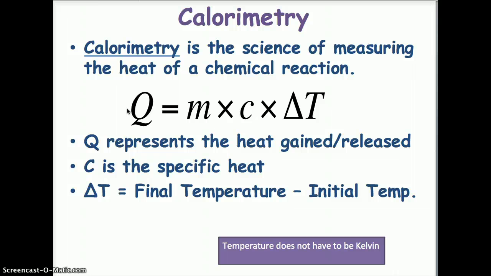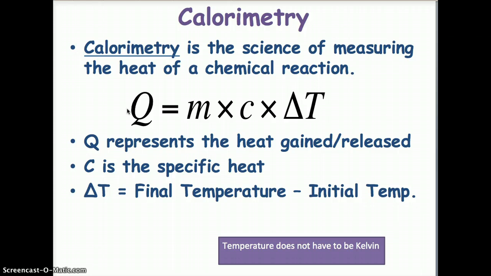C is the specific heat, it's just a number that tells you how much energy it's going to need in order for the temperature to go up or down. So we talked about water. It requires a lot of energy in order for the temperature to go up by 1 degree Celsius.